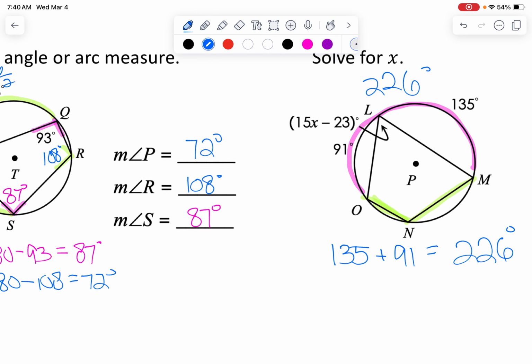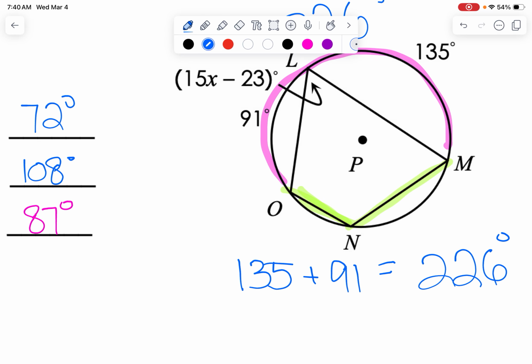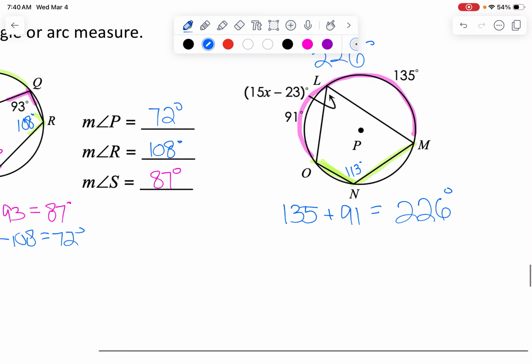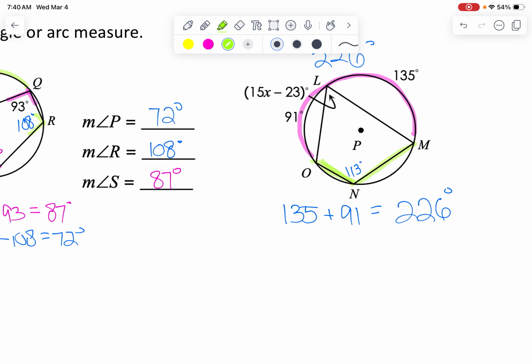So that means angle N would be half of that, should be 113. Okay, so now how are we going to do this? Well, I know that this angle N and this angle L, if I add them together, I should get 180.